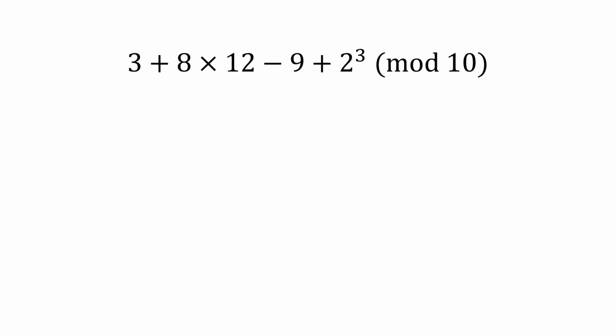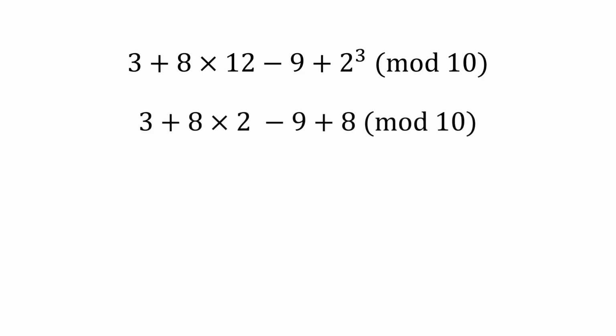But a very important observation is that we can apply arithmetic operations and modulation in any order that we choose, and this can frequently lead to simpler computations. For example, here, in the same exact expression, we can see that 12 is actually larger than 10. And obviously 12 modulo 10 gives us 2.